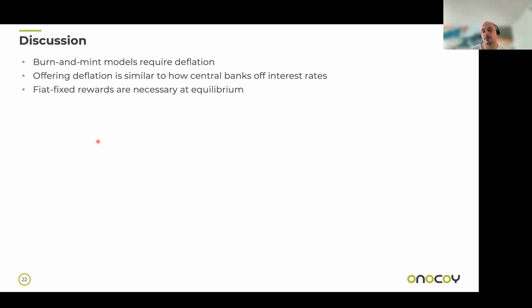So once the economy is viable, you could just say, the token component is annoying to deal with, why don't you just pay me in US dollars, and a portion of them goes to my contributors, and that portion is fixed. It's fiat fixed, and now it's fixed because there's no more token to speak of. But that's way down the line. I think Onocoy gets there in a few decades, as with many other projects. But that's my personal opinion. So thank you very much.